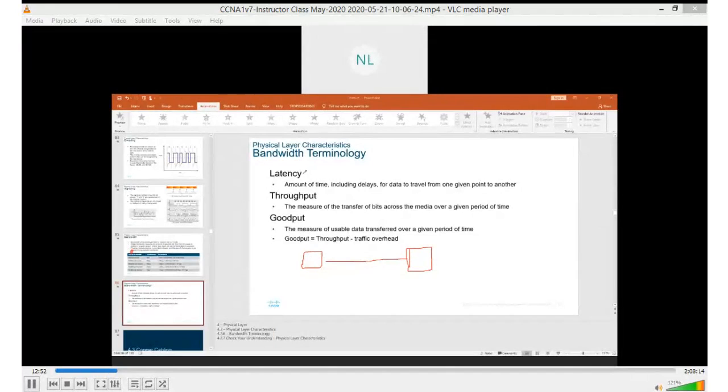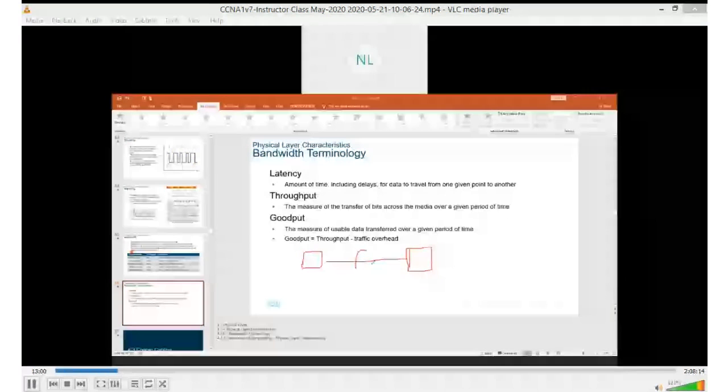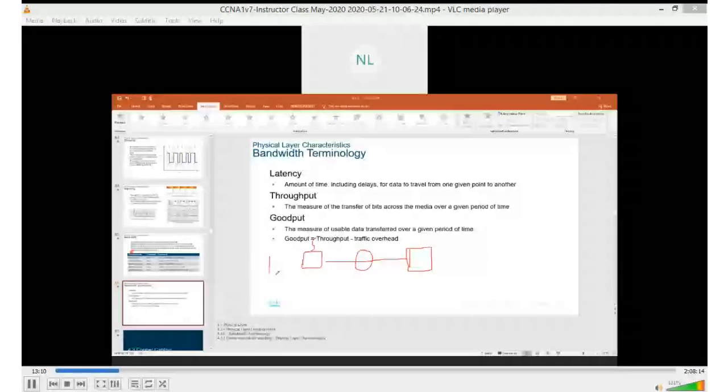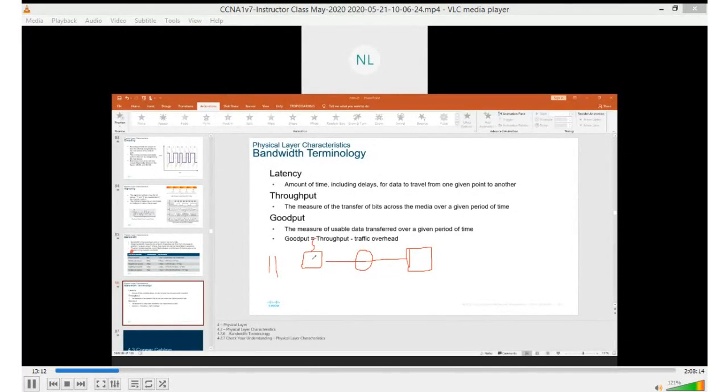So if you talk of latency, in case you are reading it in the material, it's referring to the amount of delay you find along the way. Let's say there is a router in between them. When the source sends information, it passes through this router, and then it arrives at the destination. Let's say, for example, I'm sending just H from the source. It took 2 seconds to arrive at the router.